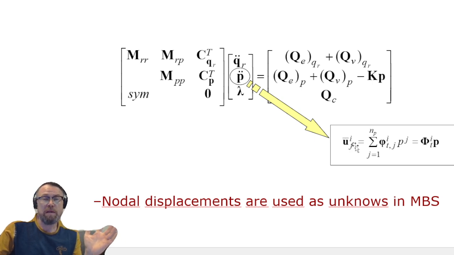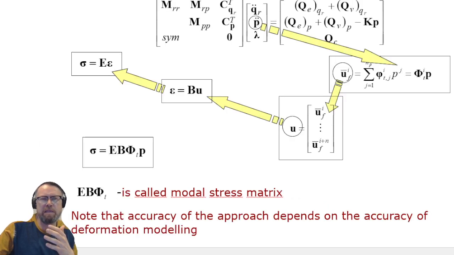But we need more. Remember when we discussed finite element modeling, we discussed that nodal displacement and strains are related via the kinematic matrix. So now if you have access to the kinematic matrix, all you need to do is multiply the displacement by the kinematic matrix, and you can get the strains.